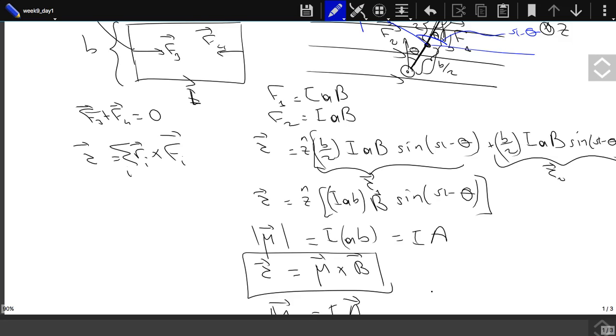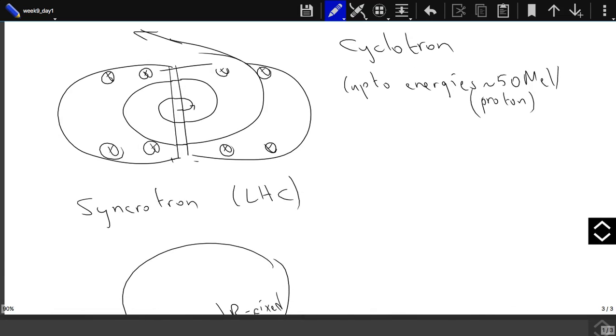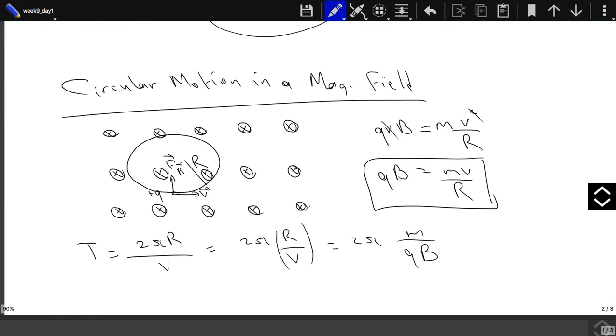When we try to accelerate the charged particle, why can't we use a fixed frequency when changing the capacitor sign? Well, we can use a fixed frequency if it is not relativistic. You see, when we have relativistic effects, this relation will not be true.